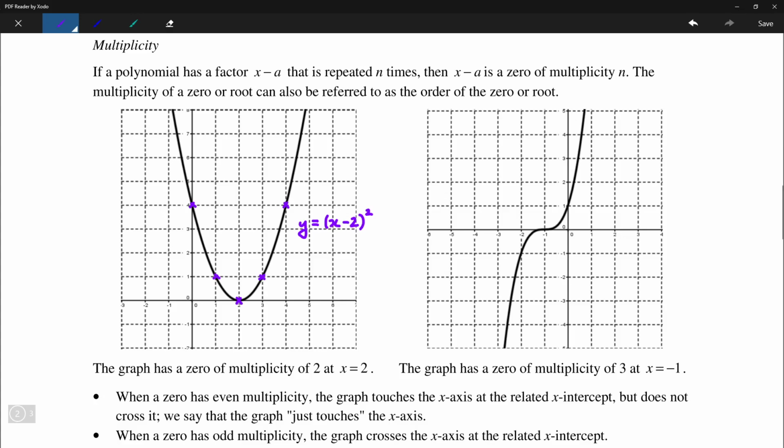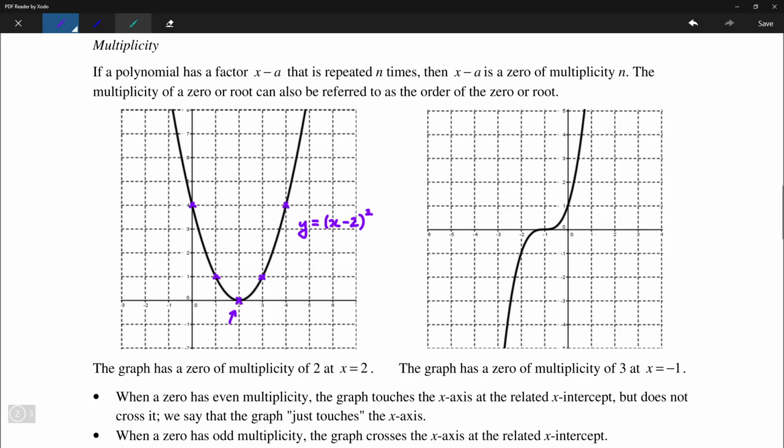And notice the behavior here. Since it's even multiplicity, the graph touches the x-axis and then goes the other direction. So it decreases flowing from left to right, and then once it hits 2, it increases again. So it doesn't cross the axis, it just touches the x-axis.